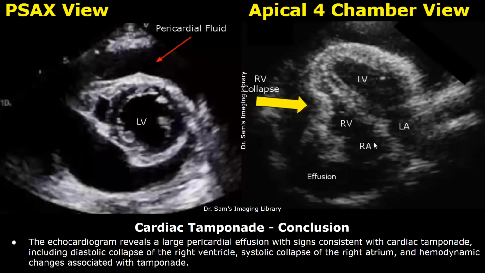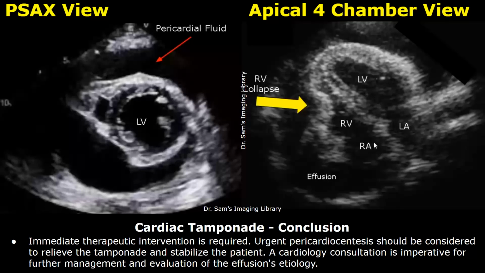This is the conclusion. The echocardiogram reveals a large pericardial effusion with signs consistent with cardiac tamponade, including diastolic collapse of the right ventricle, systolic collapse of the right atrium, and hemodynamic changes associated with tamponade.